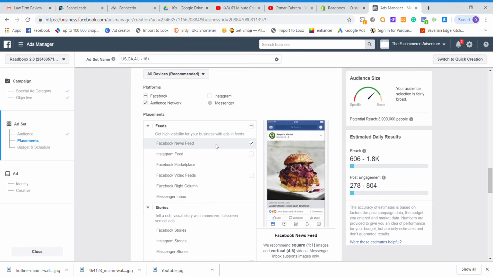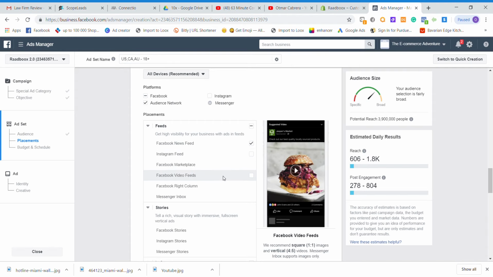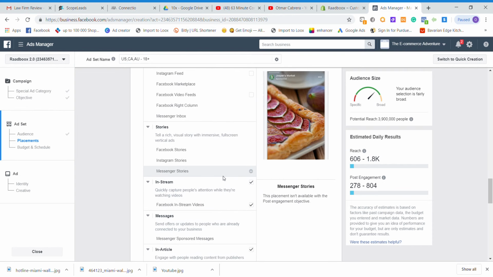Usually when an ad pops up in the Facebook video feeds, people just scroll over it. I mean, you can if you want to; that's something you have to test. I don't use Instagram for this because I will be putting links in this one, so Instagram will be a different ad, because Instagram does not allow you to actually click on the links.